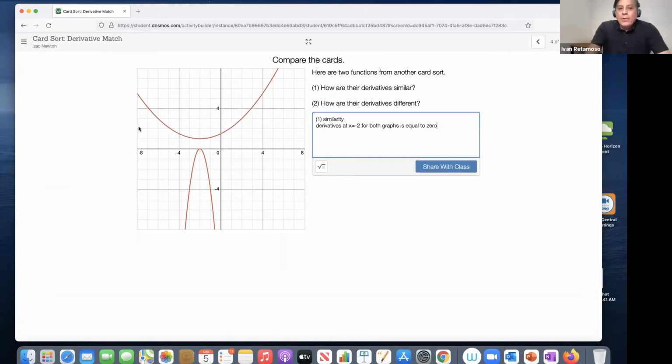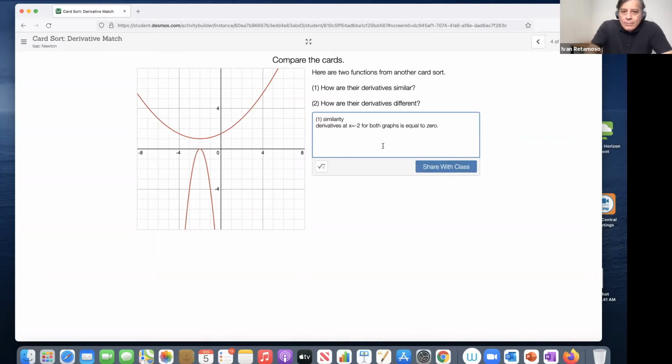These are turning points, remember? From decreasing to increasing, and this one from increasing to decreasing. Turning points, valley, mountain. Derivative 0. I want you to make the connection in your mind there: for these extreme points, the derivative is 0. That's one thing I could write.